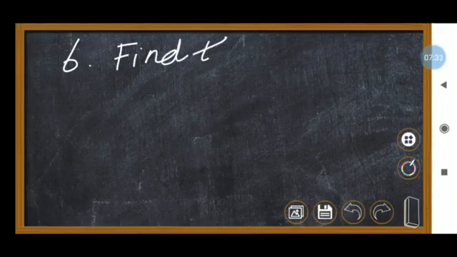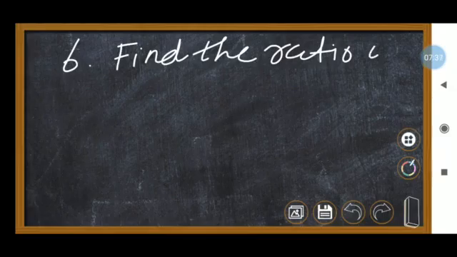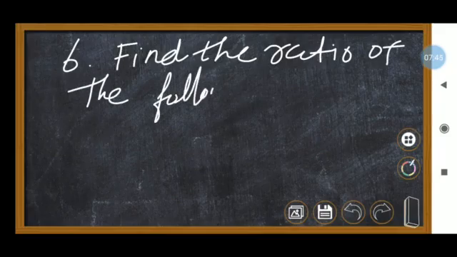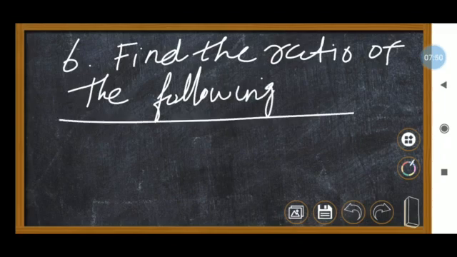Okay, so the next, sixth problem, is find the ratio of the following. Here I will do some problems and the remaining problems I will give as homework for your reference. So first one, 15 divided by 18.